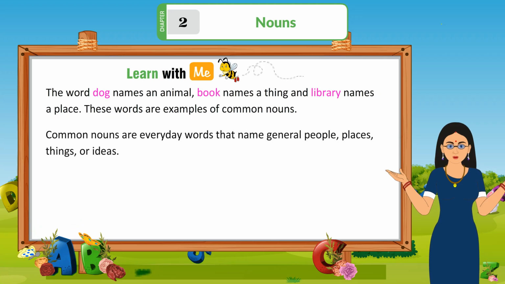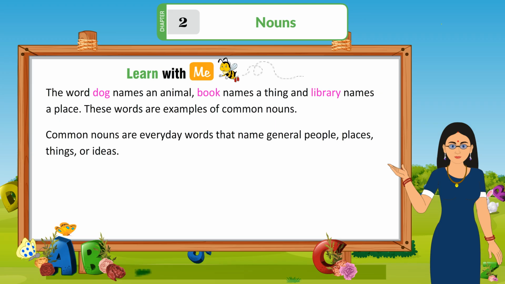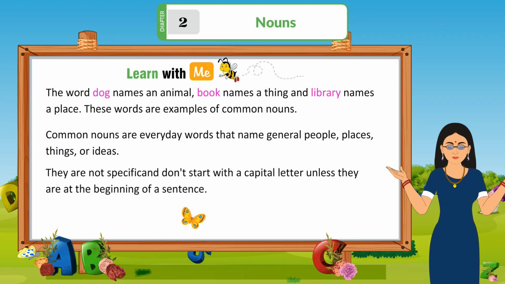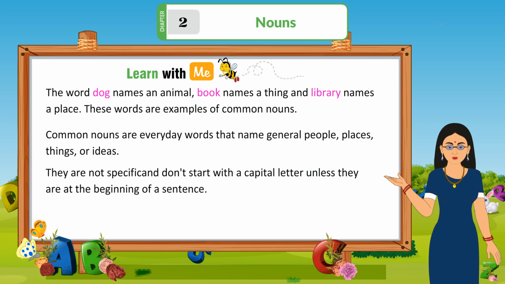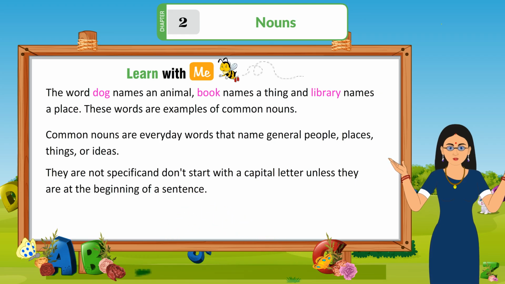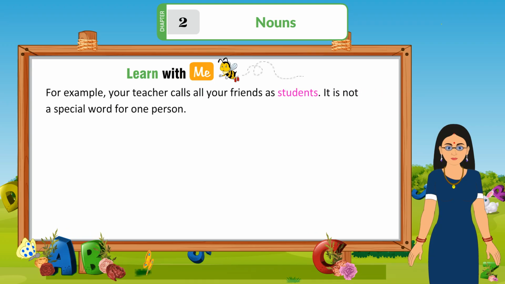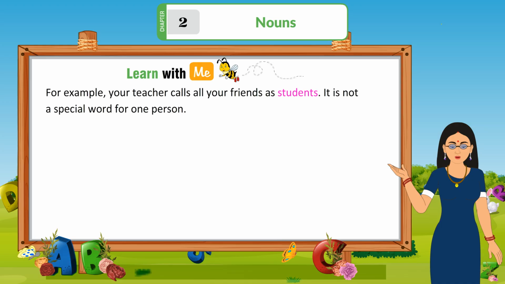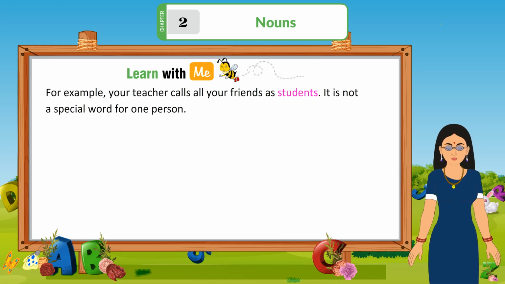Common nouns are everyday words that name general people, places, things or ideas. They are not specific and don't start with a capital letter unless they are at the beginning of a sentence. For example, your teacher calls all your friends students.